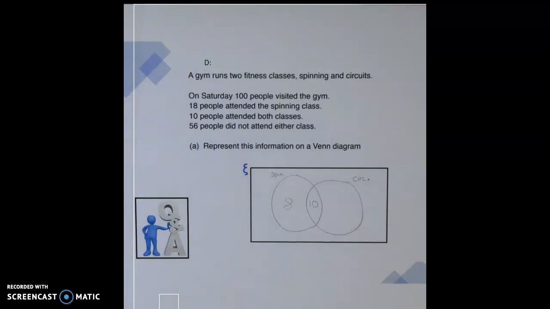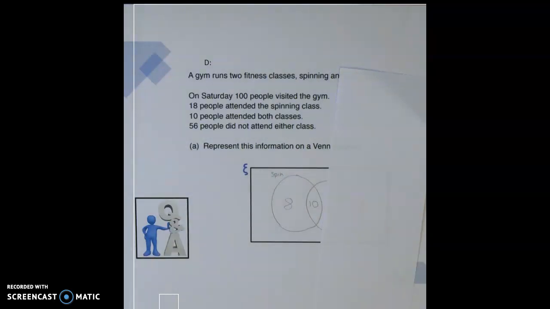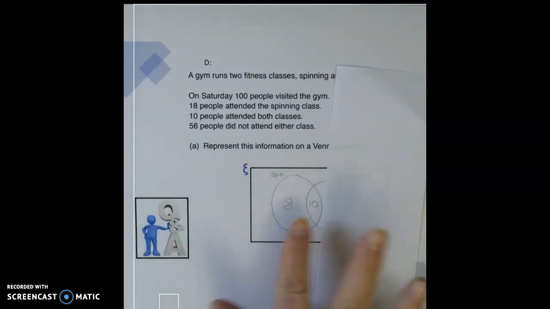So if you imagine it, if we closed off this circle, so we were only left with our spinning class set, that is the 18 people that are in there. The 8 and the 10 add up to 18. And this is the 18 people that go to the spinning classes.